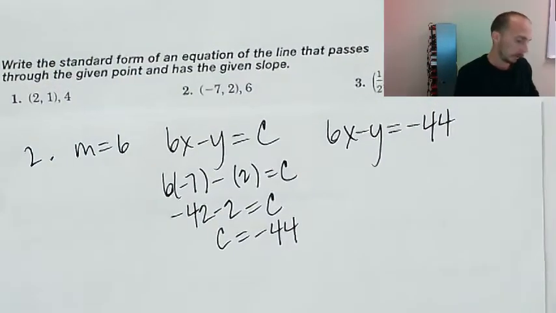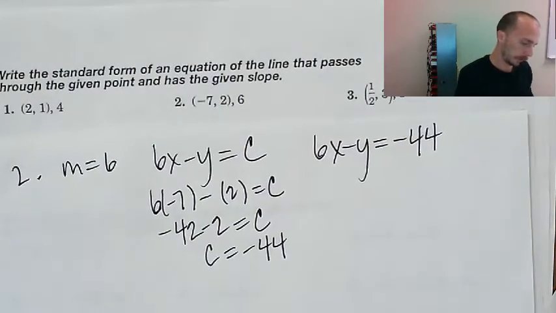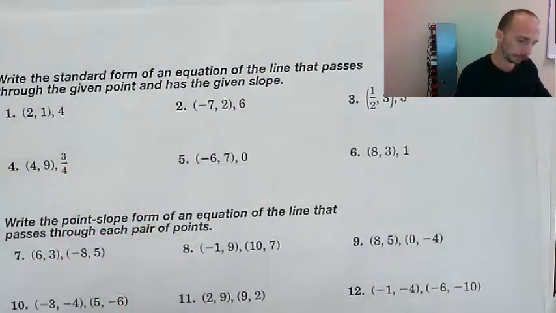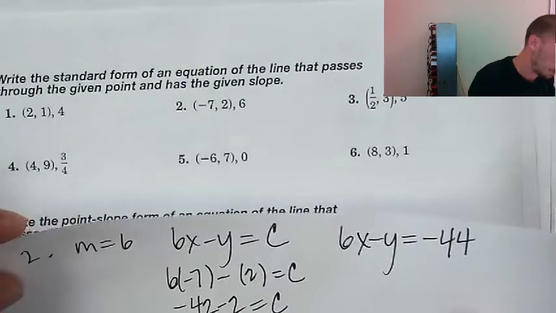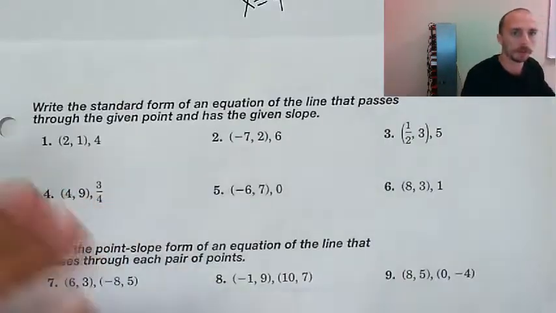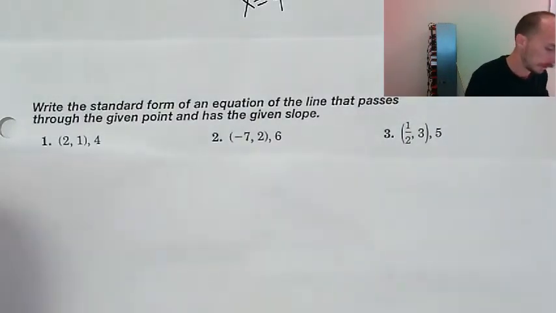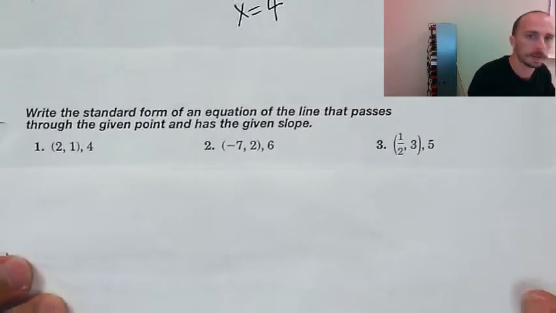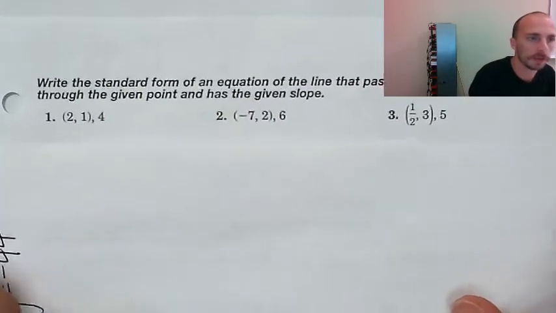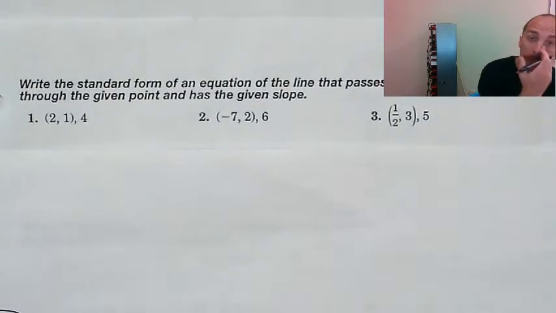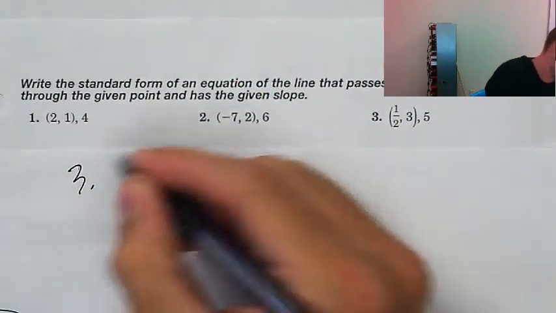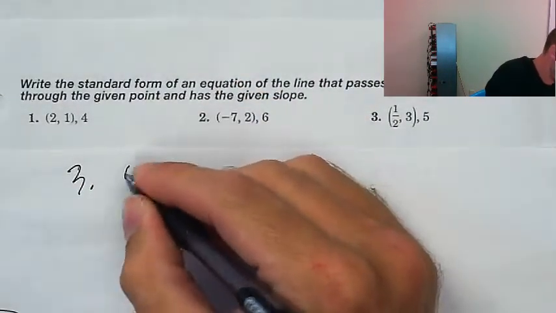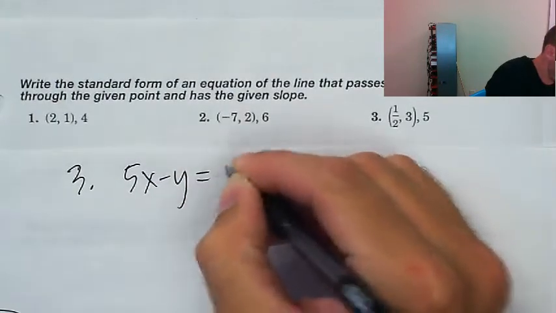Okay. Now, I will work number 3. So the point, you can barely see that. Okay. The point here is 1/2 and 3, and the slope is 5. So I'm going to start with 5x minus y equals c.